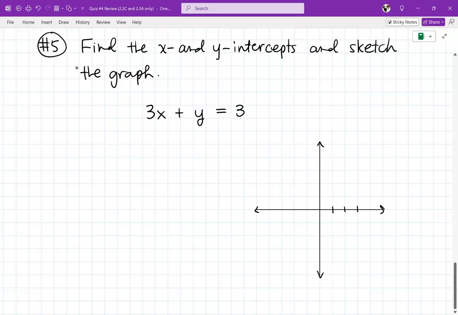Let's see, 1, 2, 3, 4. So I made it so it's 4 tick marks inside. This would be a 5 by 5 because extending it to the end would be 5 units in each direction.